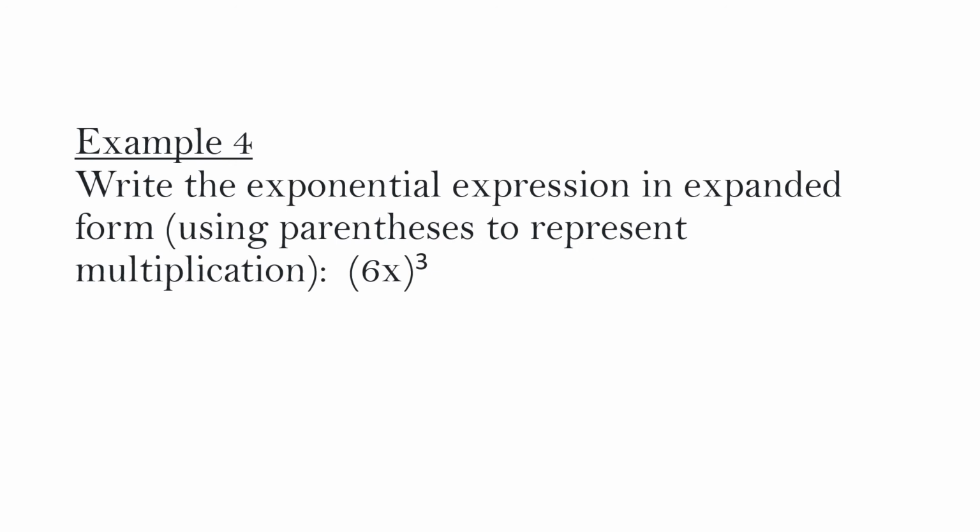So to represent this in expanded form, all you would do is write 6x 3 times in parentheses. So 6x to the third power is the same as 6x times 6x times 6x. That would be your answer.